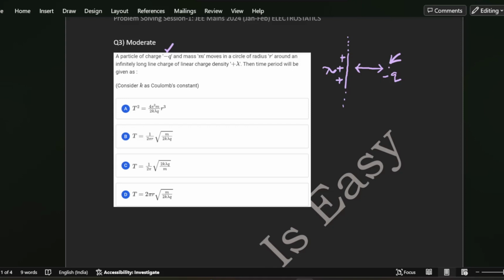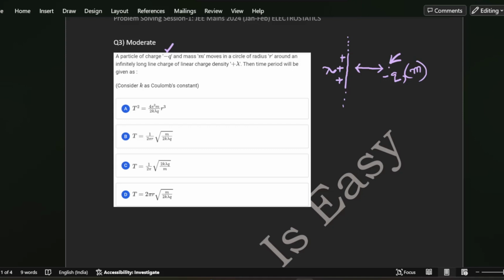It just forces a particle to move in a uniform circular motion. Here also the minus q charge, due to the force of attraction, which is actually due to the Coulombic force of attraction, will move in a circle. And we can relate it with the centripetal force, because we have been provided the mass of the charged particle m, and we can find out the time period from there.